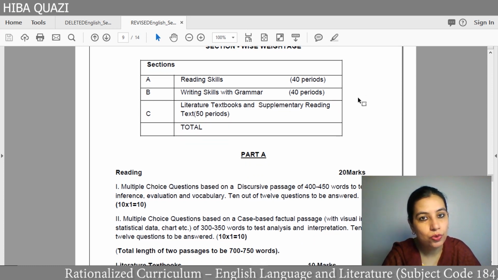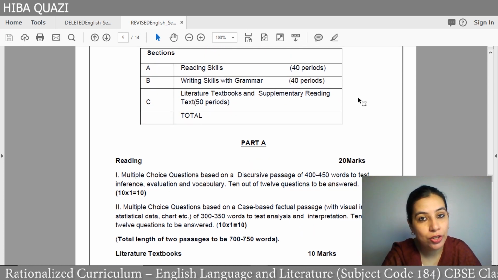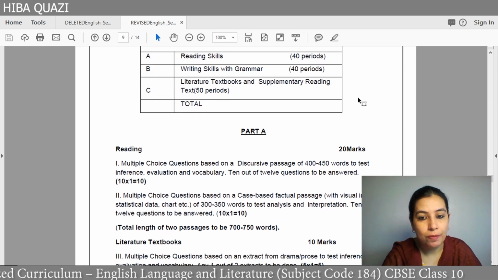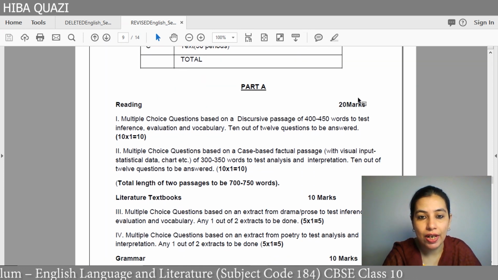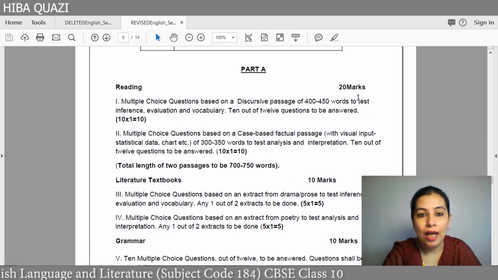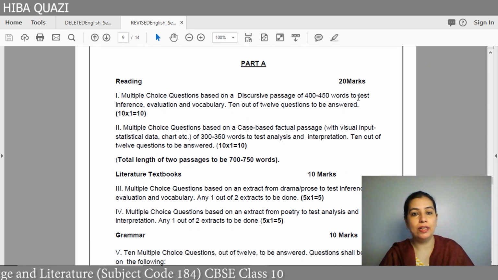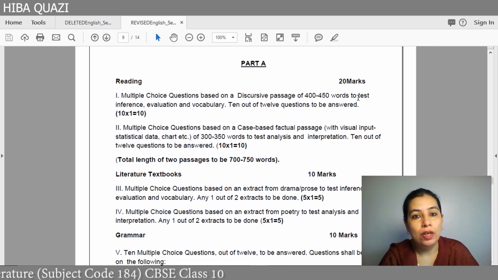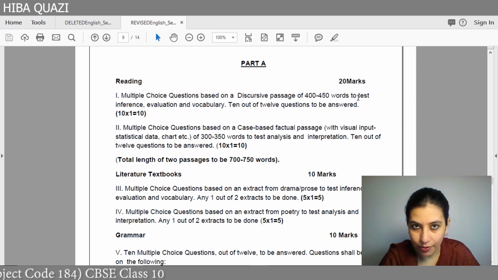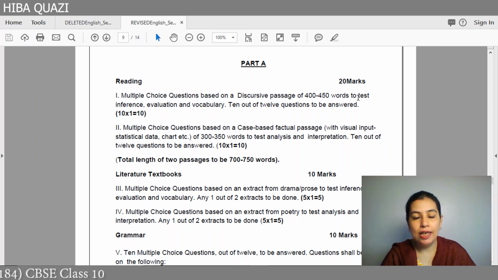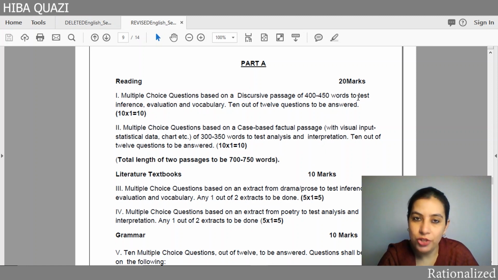We move on to what kind of a paper it is going to be this session. The paper is this time divided into different parts, and these parts are more or less divided depending upon objective and subjective questions. Part A is based on objective questions.